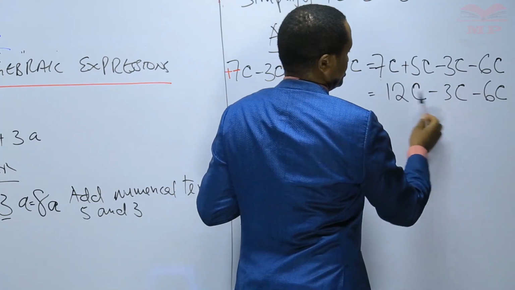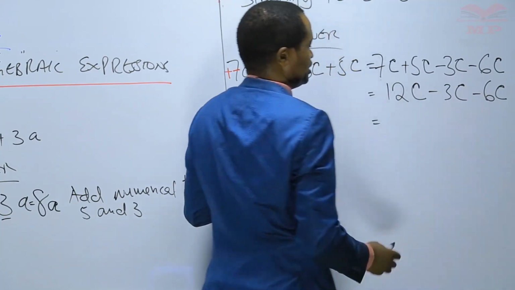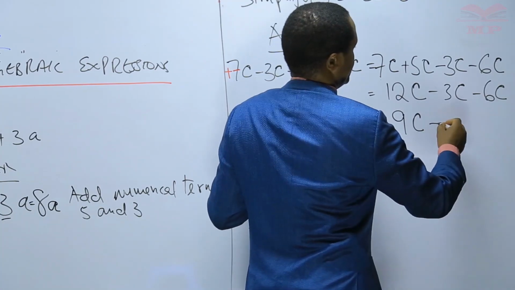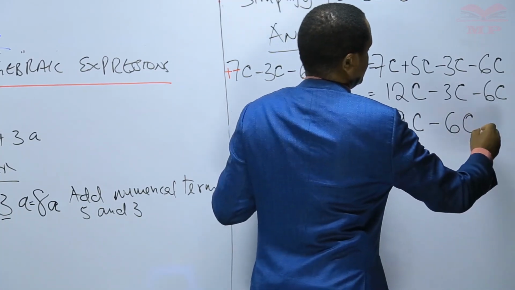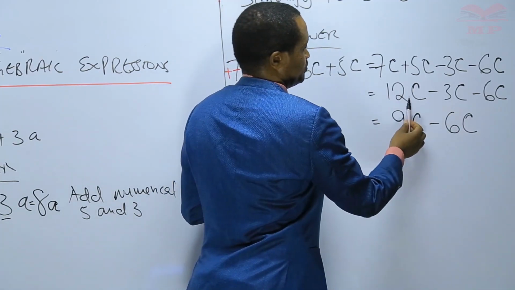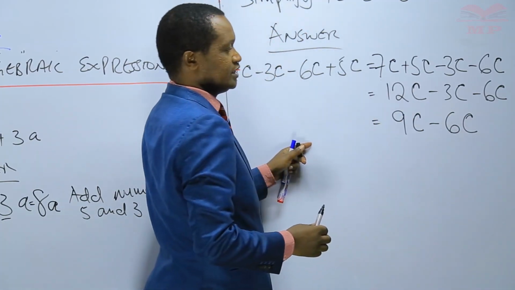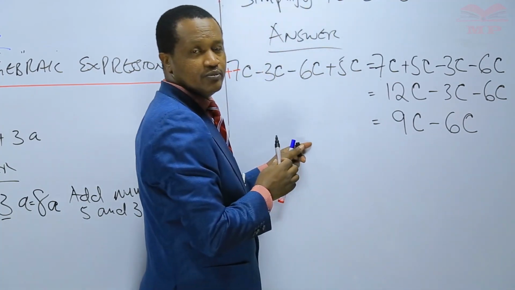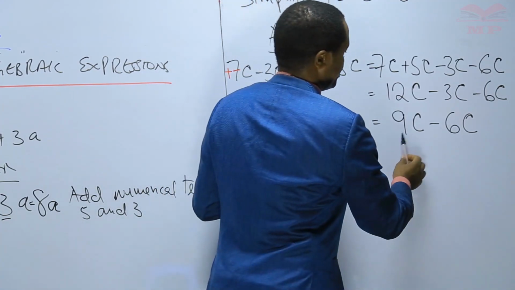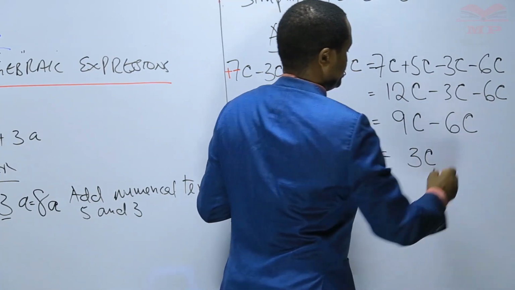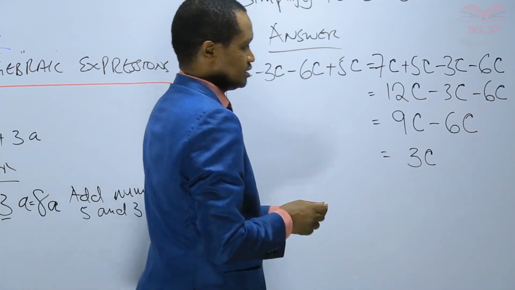So 12 minus 3 is equal to 9c, minus 6c. So we have subtracted first 3 from 12. Then next we subtract 6 from 9. So 9 minus 6 is equal to 3c. And this is the answer.